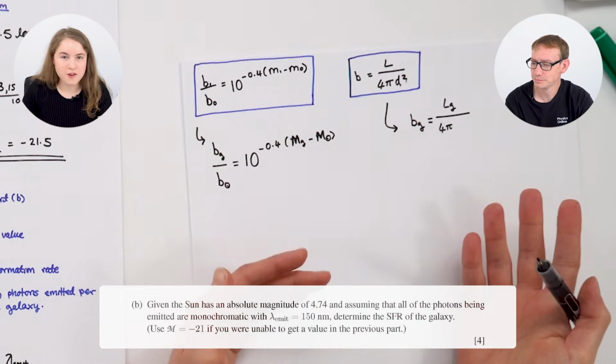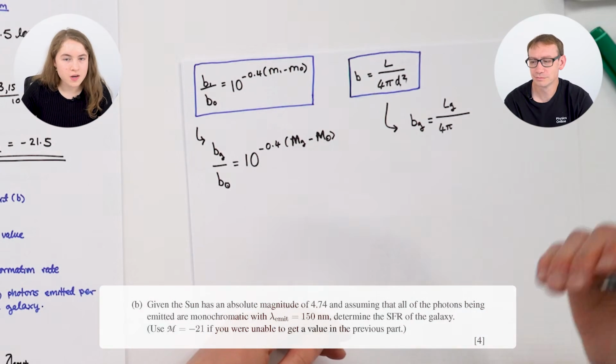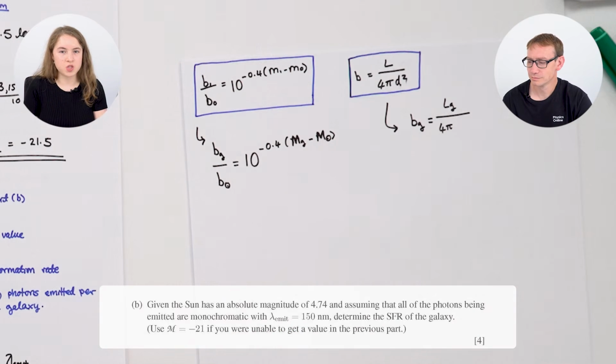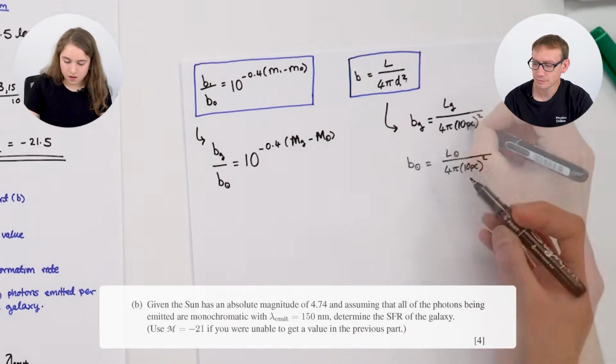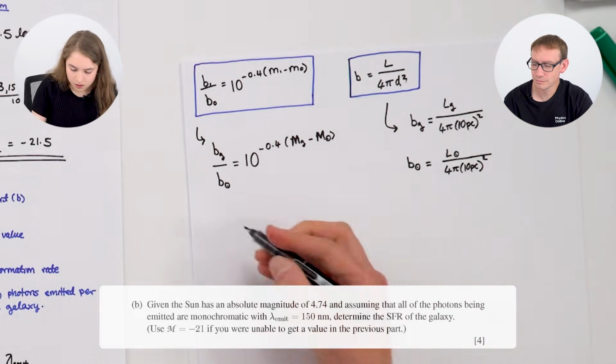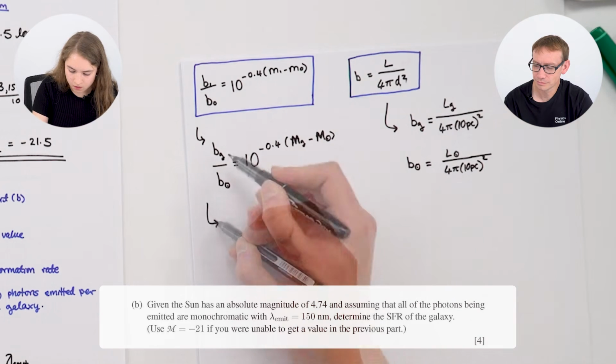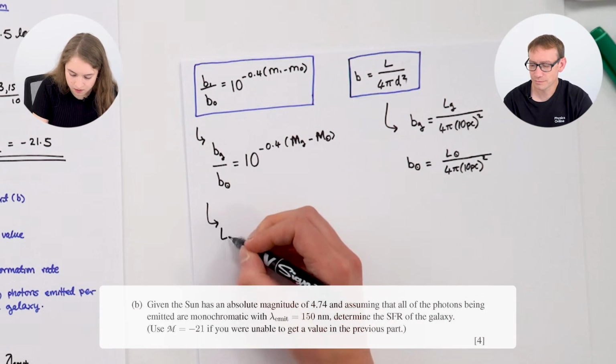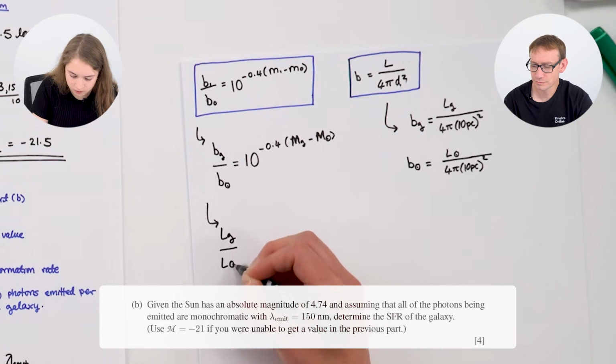That's the convenient thing about using absolute magnitudes. We don't need to worry about what the distance actually is. We've calibrated the magnitude to pretend that the object is 10 parsecs away. Just simplifying a little, B_G divided by B_sun is actually going to be the same as the ratio of the luminosities.